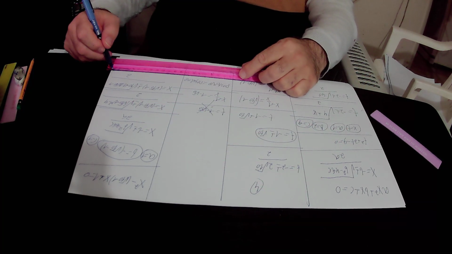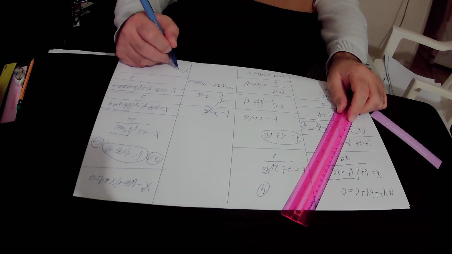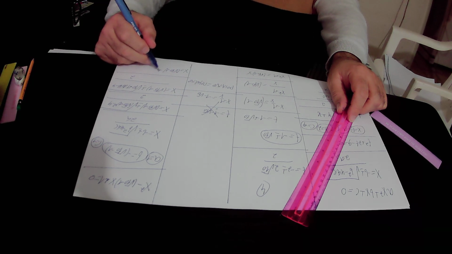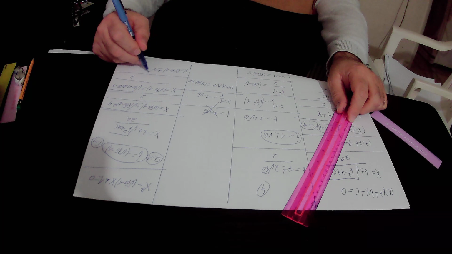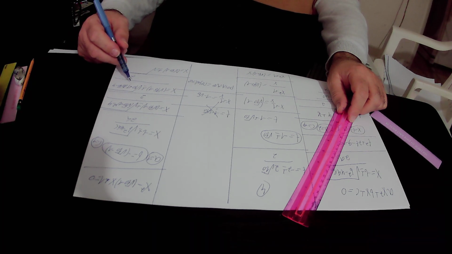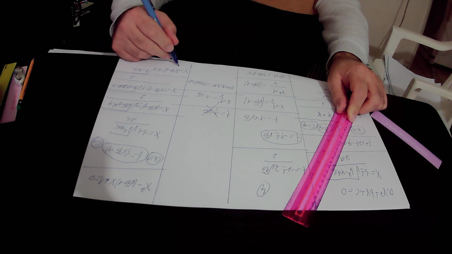So we found out that x equals square root of 10 minus 1 plus minus, and here we have 10 plus 1 is 11, 11 minus 4 is 7, minus 2 times square root of 10 divided by 2.